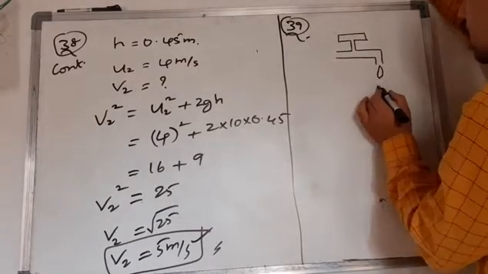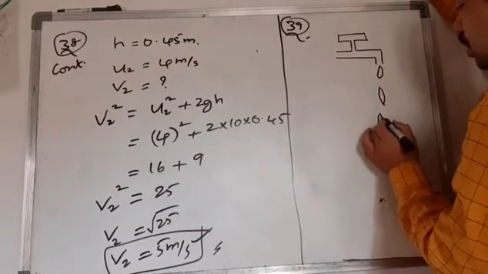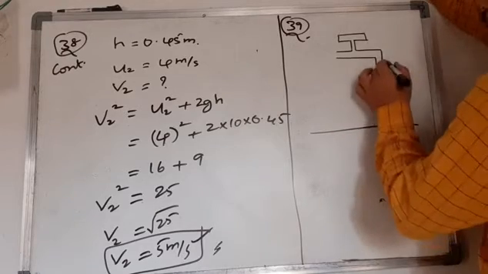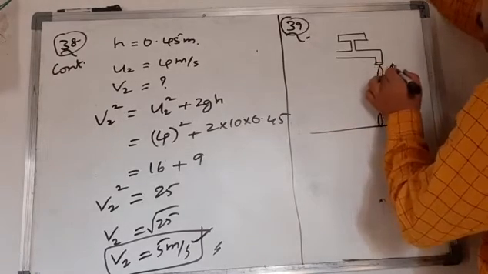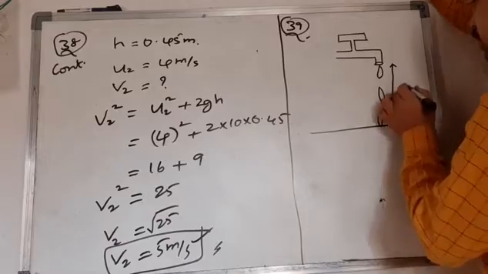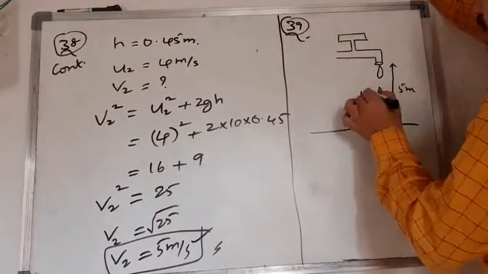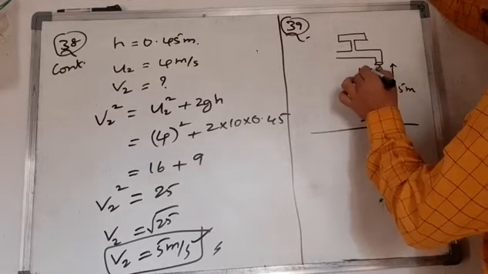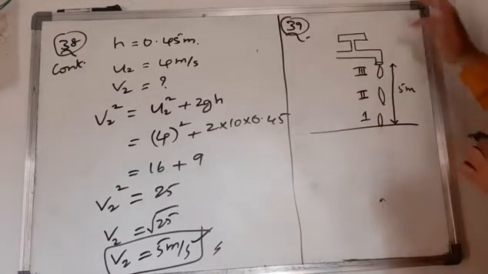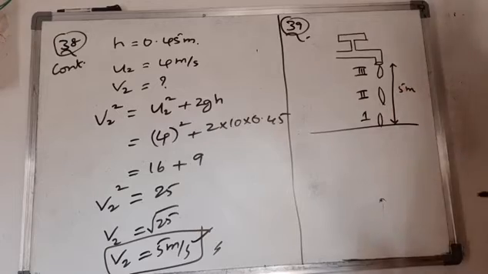From the tap, water drops are falling. The tap is at a height of 5 meters. This is the first drop, this is the second drop, this is the third drop. 3 drops of water are falling like this.